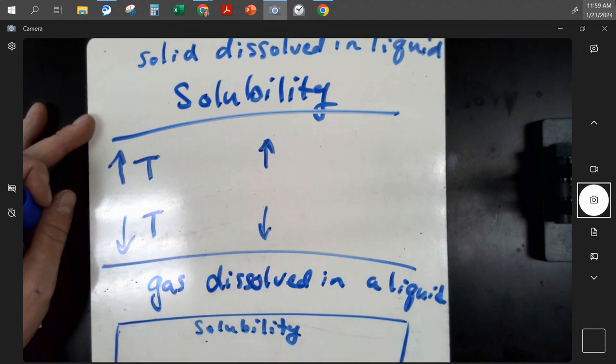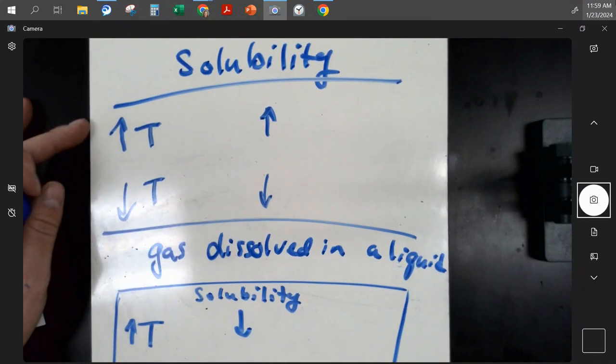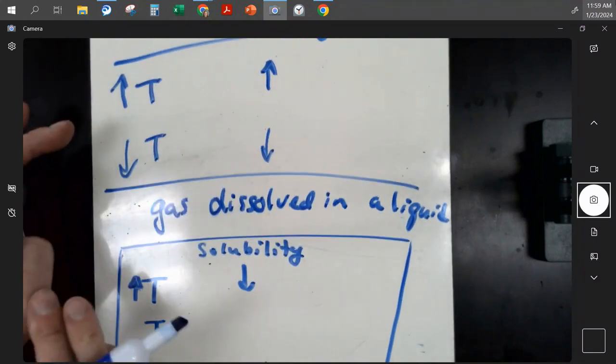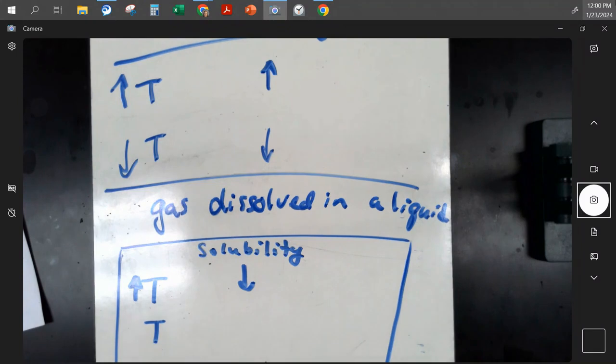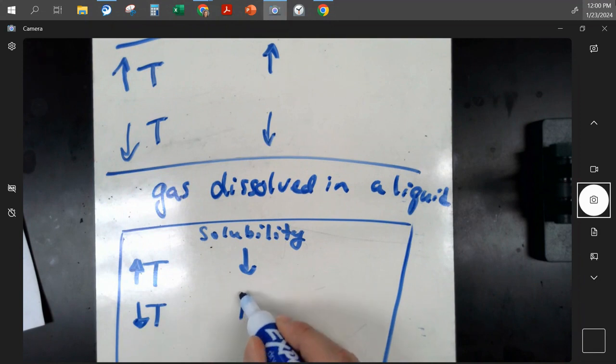For temperature, if we increase the temperature, the solubility decreases for a gas. And this is why it's so important that we don't let the oceans warm too much, or there won't be any dissolved oxygen for creatures that live there. So if we decrease the temperature, then the solubility increases for gases.